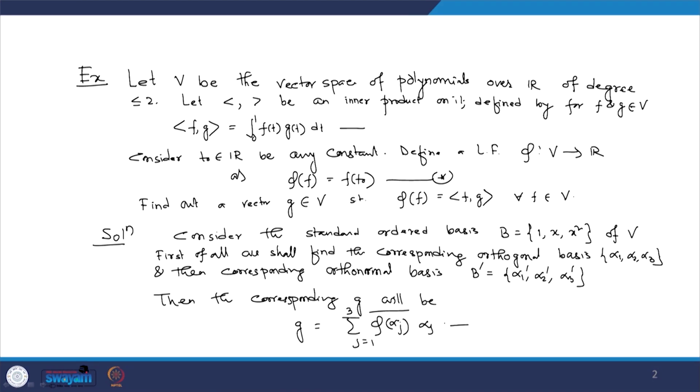Since we have taken the space over the real numbers, phi of alpha j bar is simply phi of alpha j, so G is the sum of phi of alpha j prime times alpha j prime, j equal to 1 to 3.